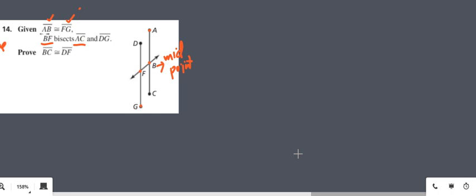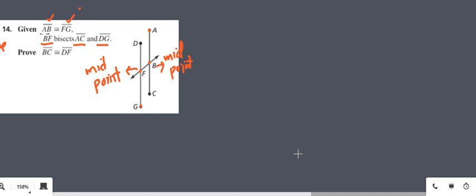Bisect means it divides it into two equal parts. Clear? At the same time, it also bisects DG, that means F is the midpoint. Is it clear?